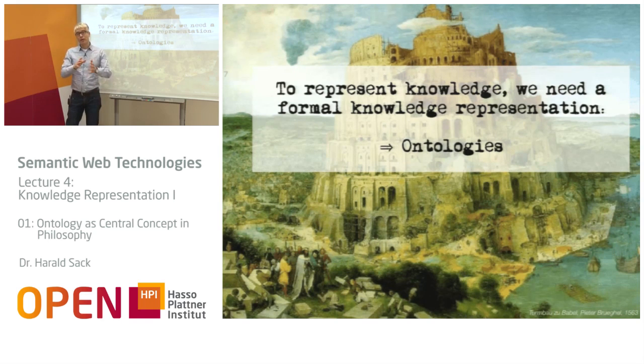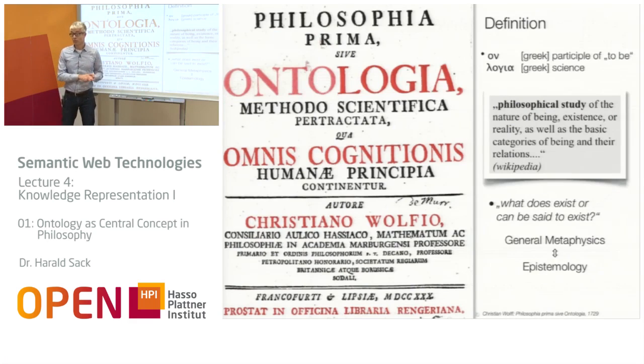Okay, let's take a look back in history at where the term ontology comes from. It's a pretty old concept. Originally it's Greek, so it consists of the part on, which is the participle for to be, and logia, which means science in Greek. So in all, it's defined as the philosophical study of the nature of being, existence or reality, as well as the basic categories of being and their relationship.